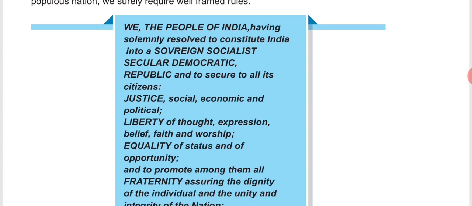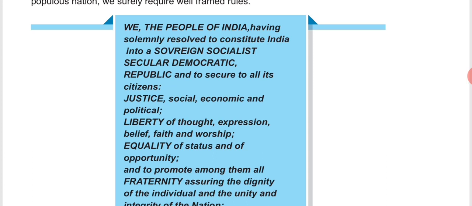So we can say that India is a sovereign state, which means that it is an independent authority and is not dependent on any other external power. That is the meaning of sovereign. In simple words, sovereign means it has the power to do whatever it wants without the control of anyone. Then comes the word socialist.